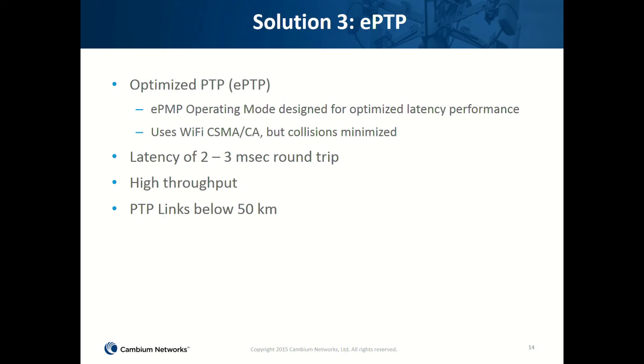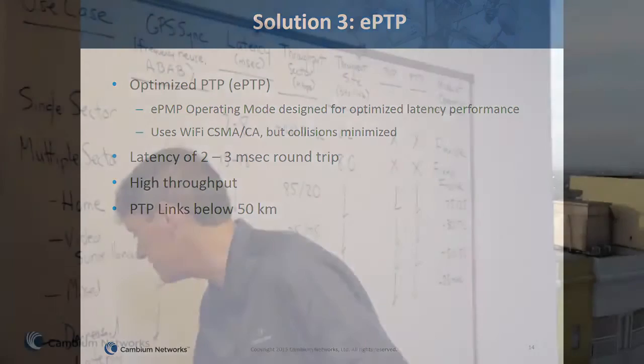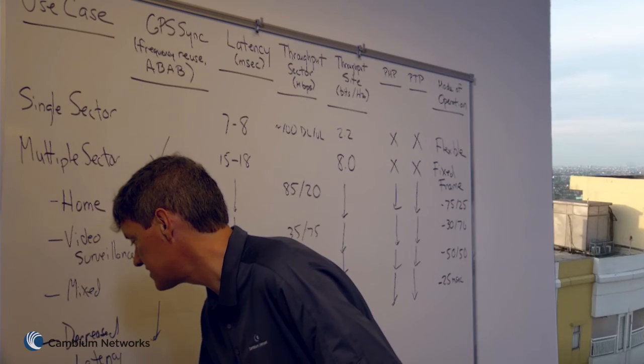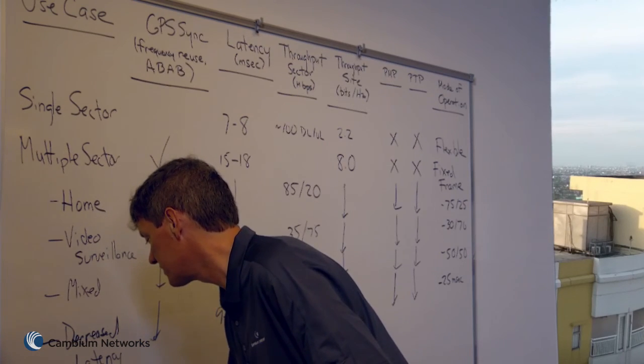And what we did is we used the CSMA, CA, the Wi-Fi solution for this, but we manage our collisions, we minimize them. So the result of this is that we've minimized latency and we have high throughput. Okay. The only caveat is please make sure that your links are below 50 kilometers. Okay, so now we have the use case of fast point-to-point.